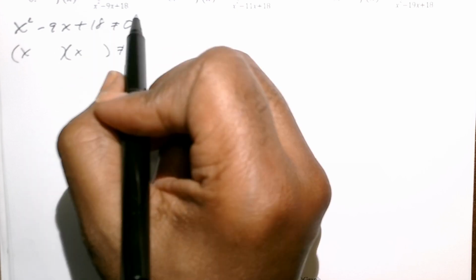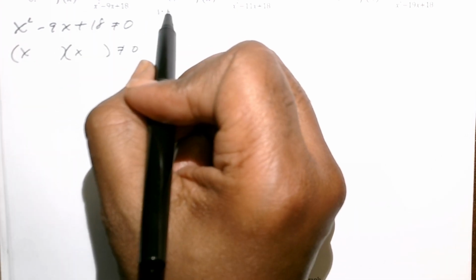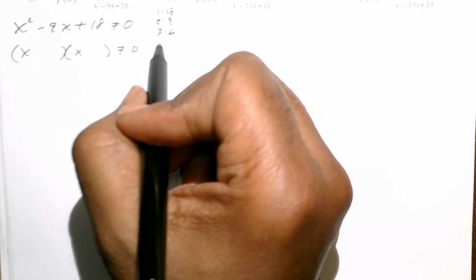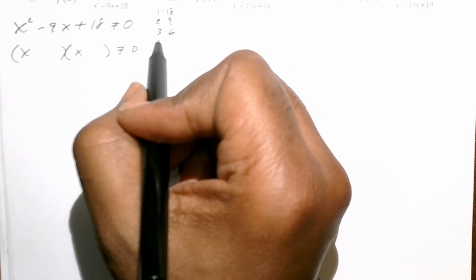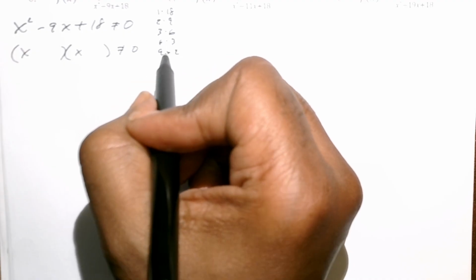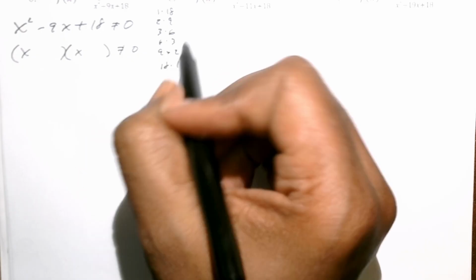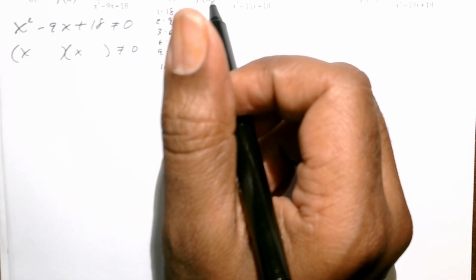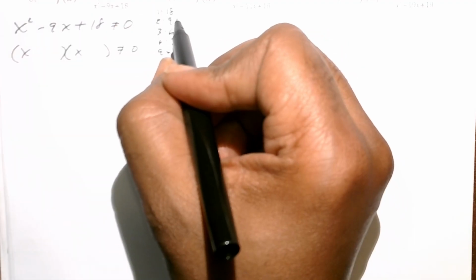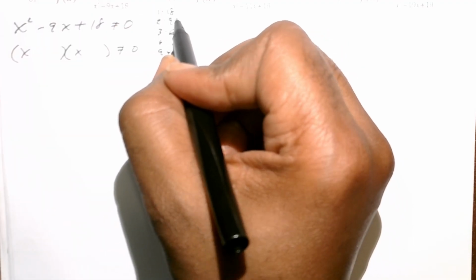Now 18, we have lots of choices. There's 1 times 18, there's 2 times 9, there's 3 times 6, there is 6 times 3, there's 9 times 2, and there is 18 times 1. Lots of choices. I'm going to choose the 2 times 9.